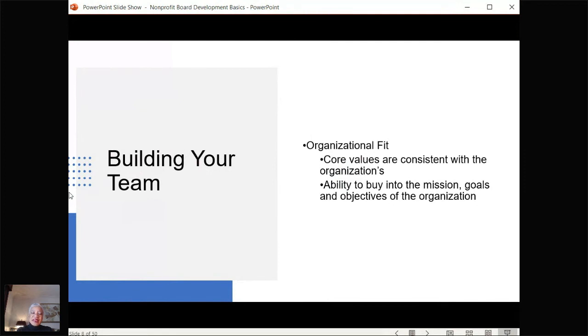So you want to look at things like organizational fit. You want to make sure that their core values are consistent with the organization's core values. And you want them to be able to buy into the mission, the goals, and the objectives of the organization. As I said before, ideally, this would take place before you even incorporate.